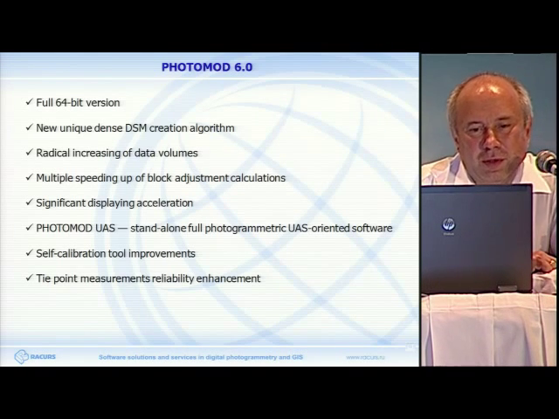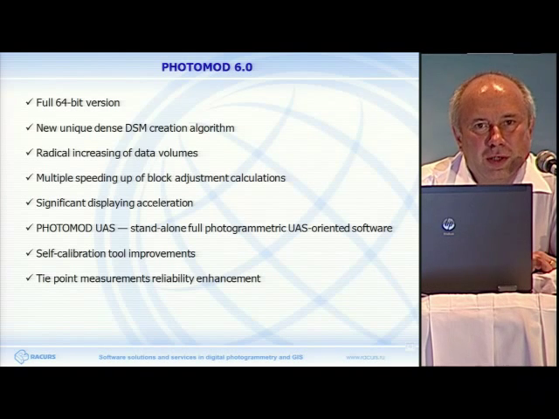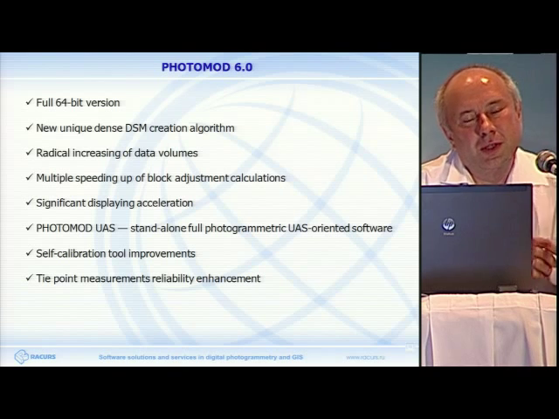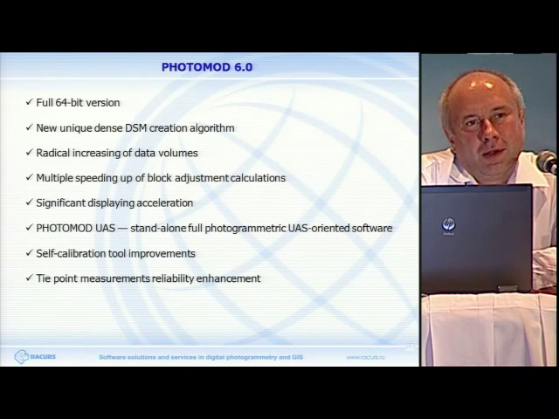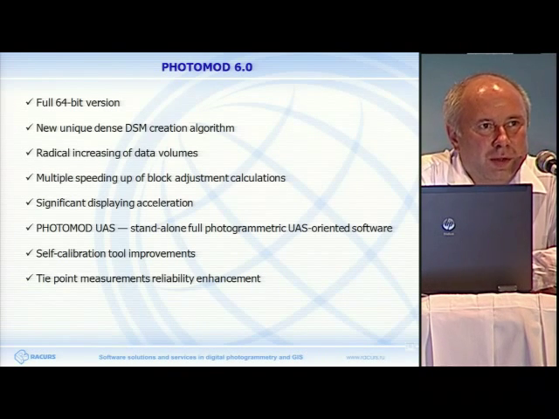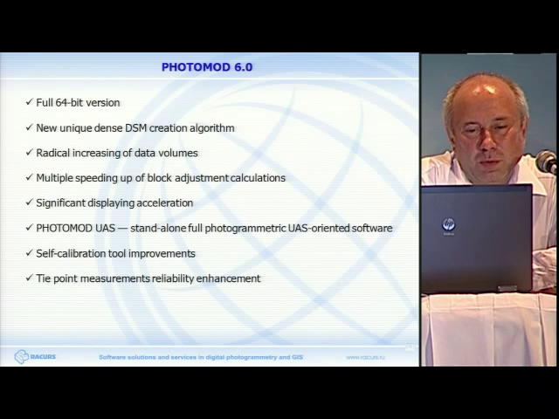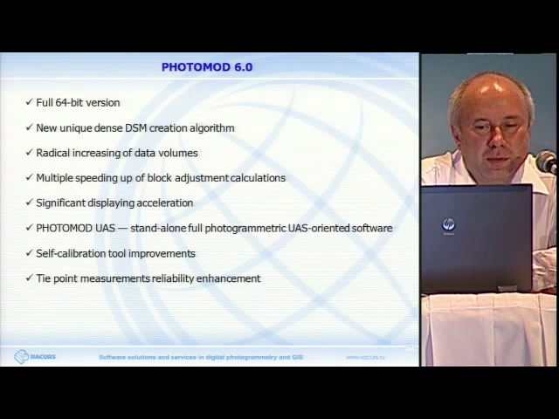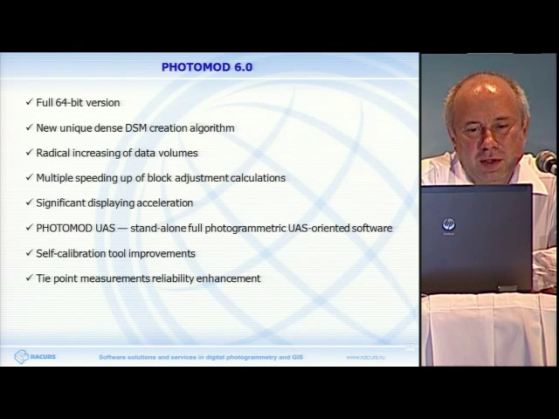First thing worth mentioning is that it is the first full 64-bit version. Before that, we had 32-bit because Borland did not produce a compiler. This is the primary achievement of the version. And then we go item by item.